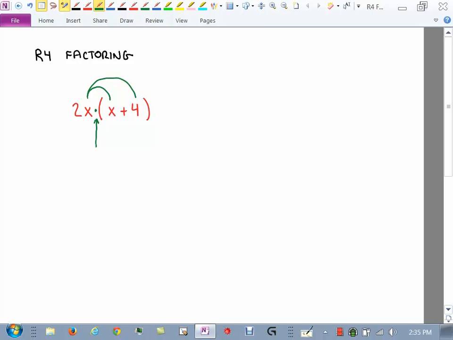So if I multiply that out, what is 2x times x, that first multiplication? 2x squared, okay? And then if I do the second multiplication, I get 2x times 4 is 8x, right? And what symbol is between that? Plus, right? It was positive. All right, so that would be it. So if you were asked to go in the direction from left to right, this would be called expanding.